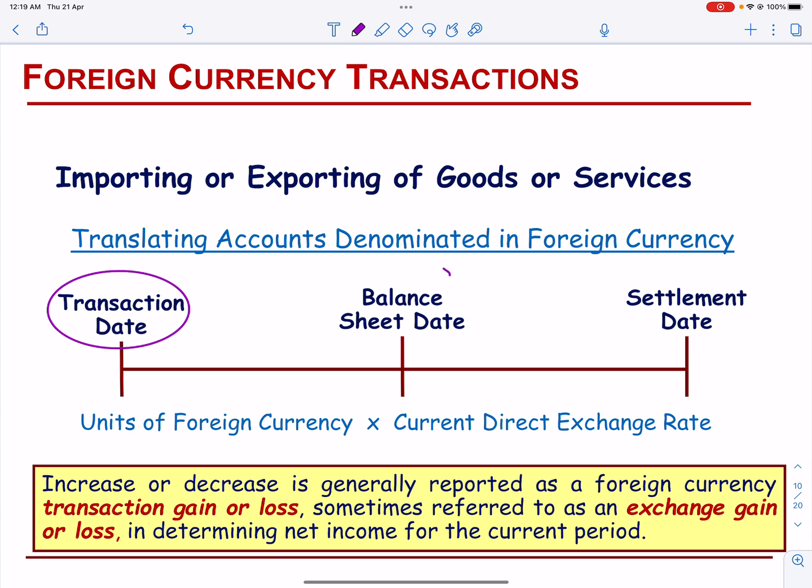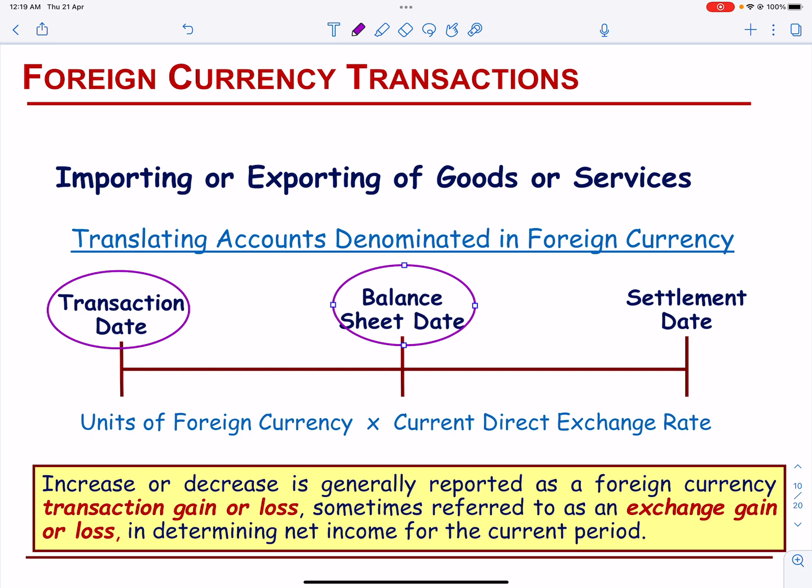Second is the balance sheet date. It means if the transaction is not settled in the current year, at the date the transaction is measured and recorded in riyals by multiplying the units of foreign currency by the current direct exchange rate.